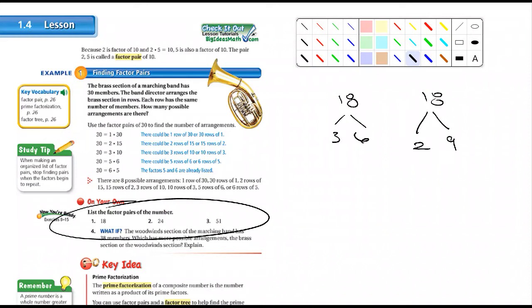Okay. Now, is there a number in this pair right here that I could also factor out? Remember, you can't use 1 and the number itself. So the only 2 numbers that would work for 3 would be 1 and 3, so I can't use those.